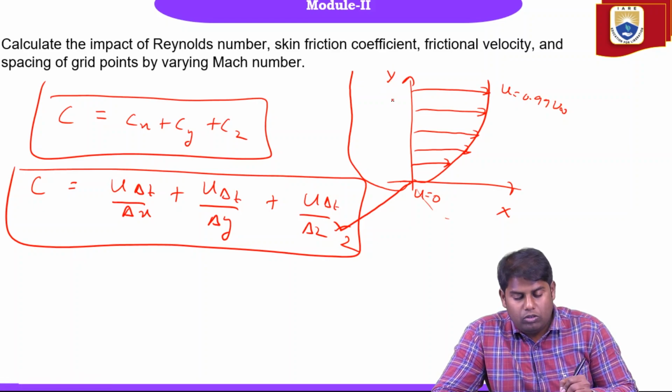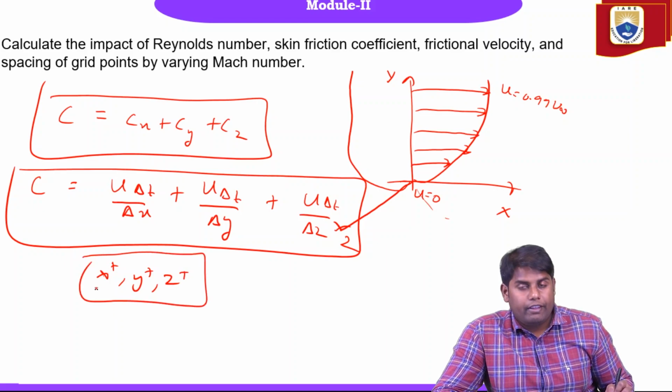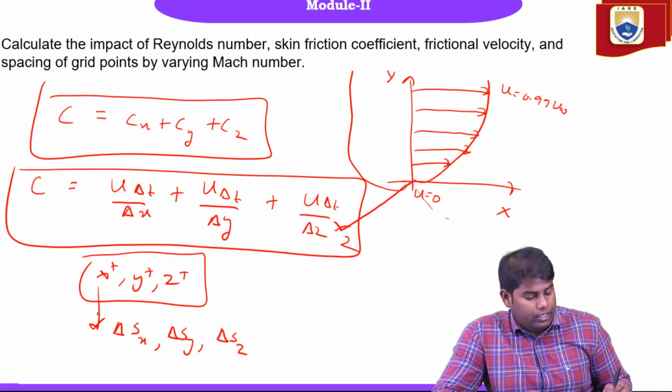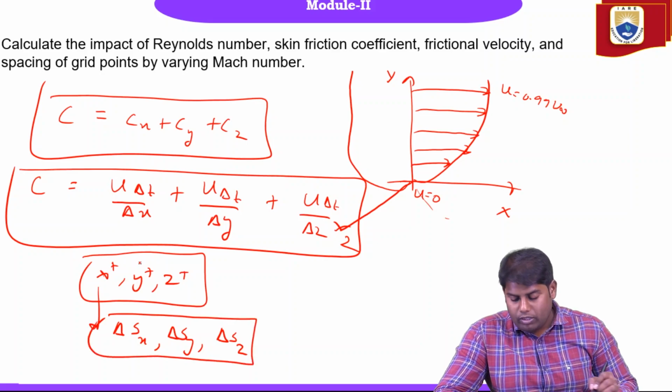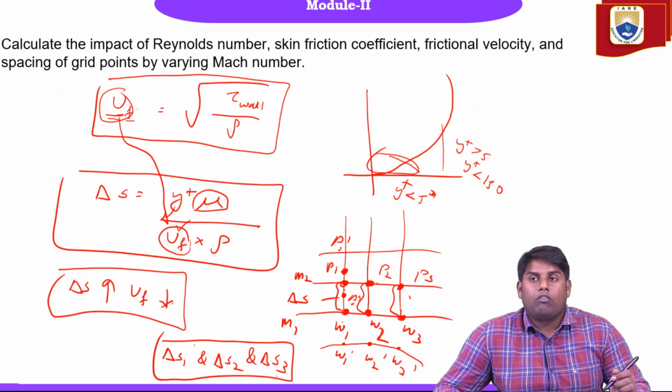Fine. So what happens actually, we need to get x plus, y plus, z plus, where we have delta s along the x direction, delta s along the y direction, delta s along the z direction. So this is for 3D. Previously we have seen only along the y direction.